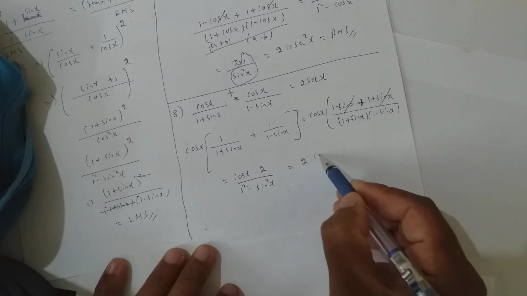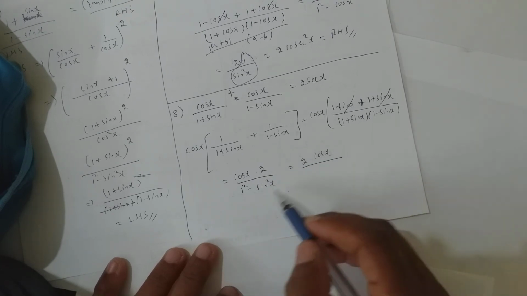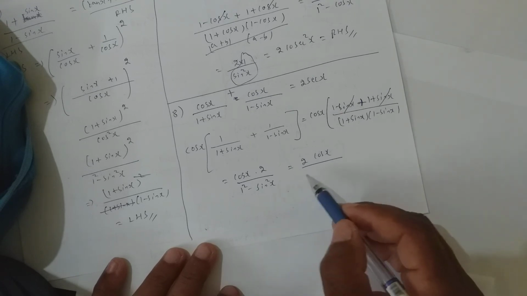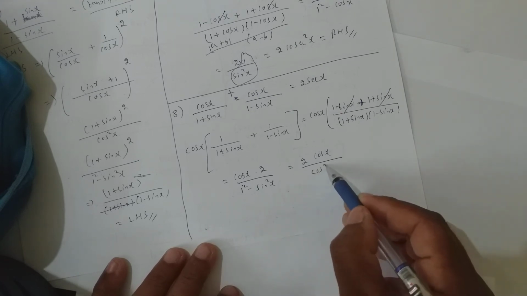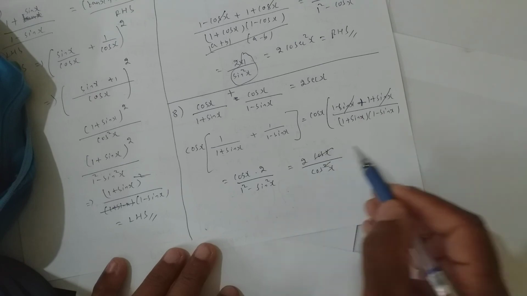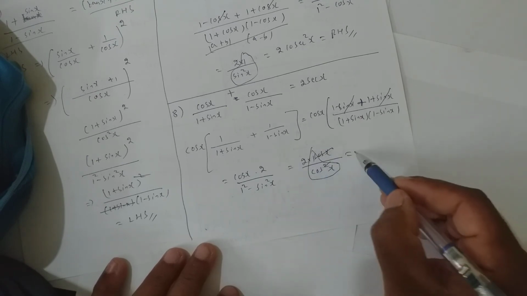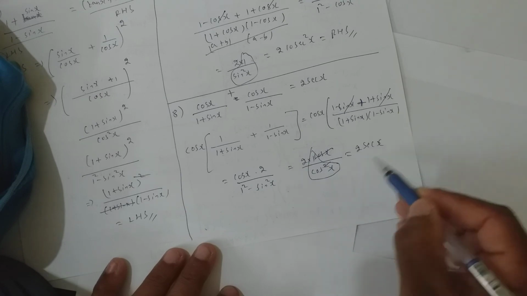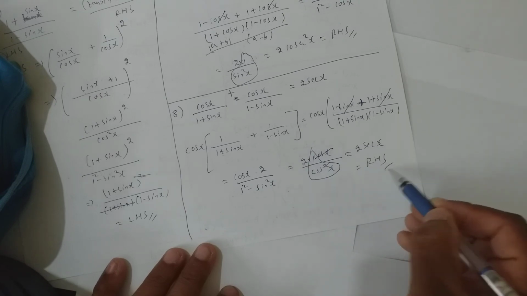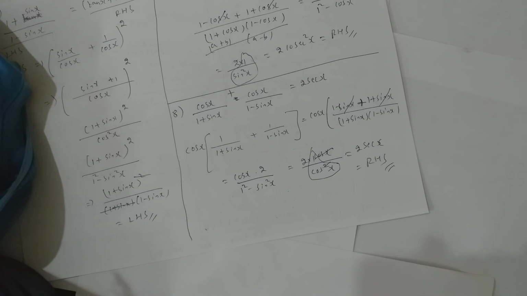So it becomes 2 into cos x by a square minus b square. 1 minus sin square x is how much? Cos square x. What gets cancelled? Cos x and this gets cancelled. So I can write into 1. So 1 by cos x is secant x, which is my RHS. So we proved. Am I clear? This video was all about proving the identities.